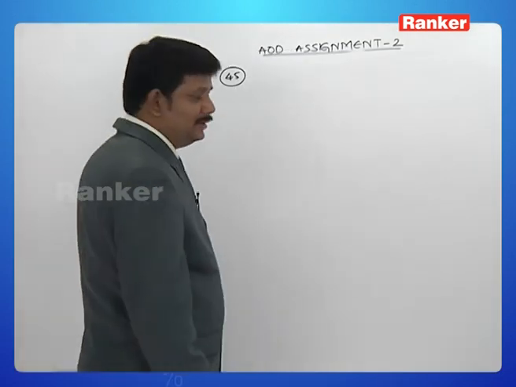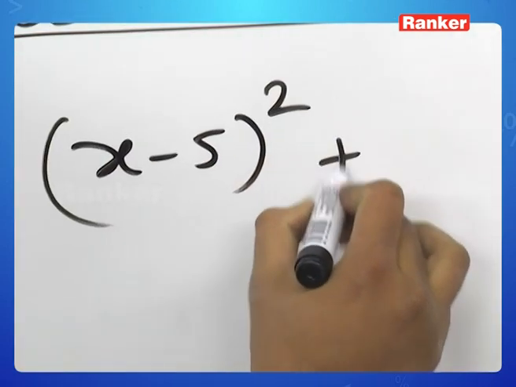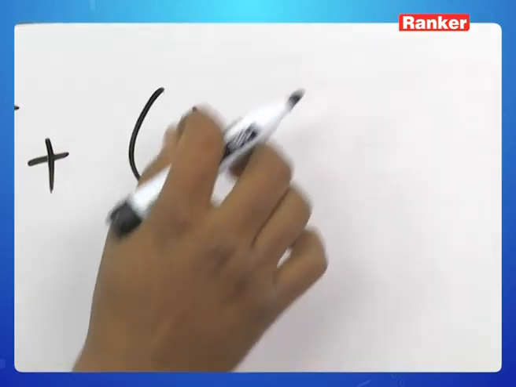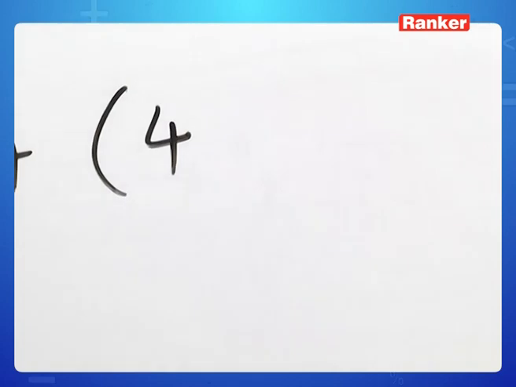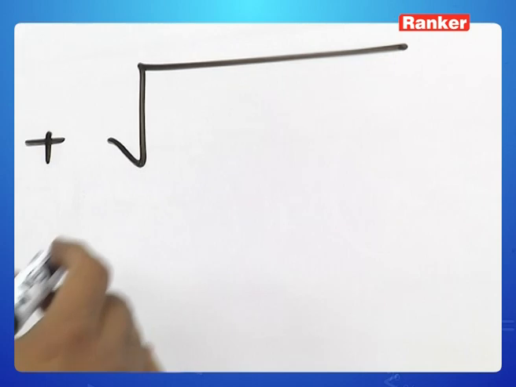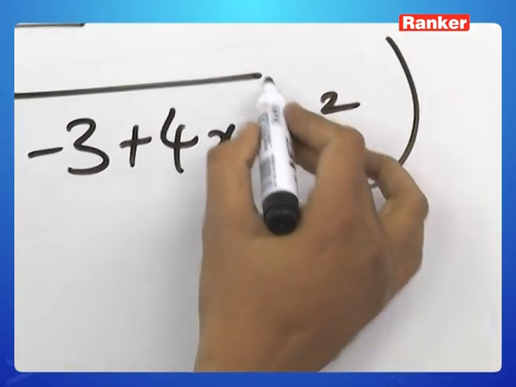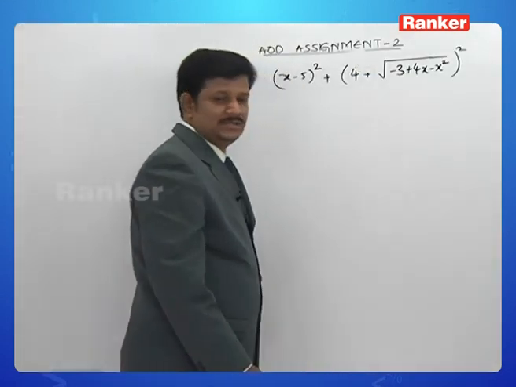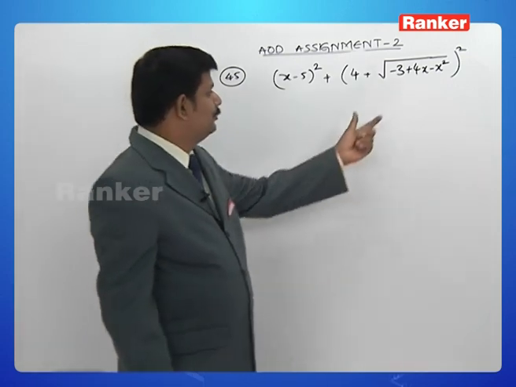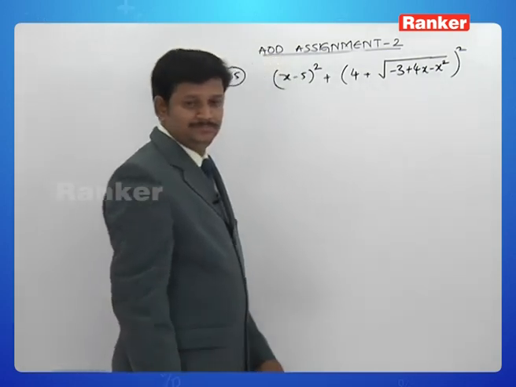We need to find the maximum value of x minus 5 whole square plus root over minus 3 plus 4x minus x square plus 4, whole square. It is given that x lies between 1 and 3, that is, for the sake of the domain of this function.